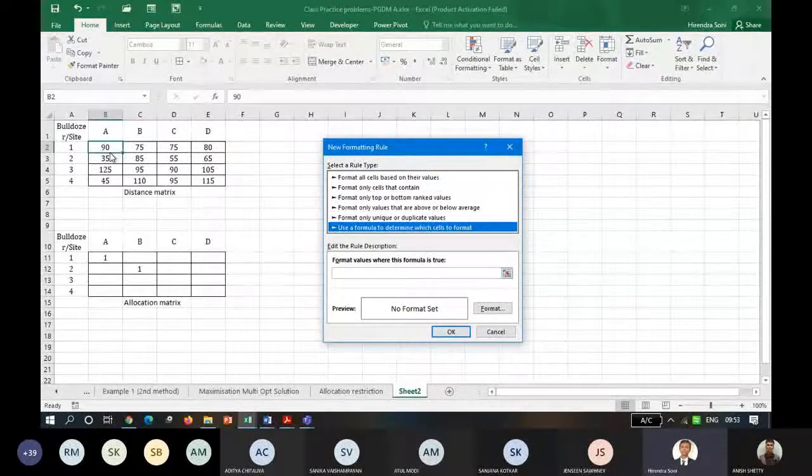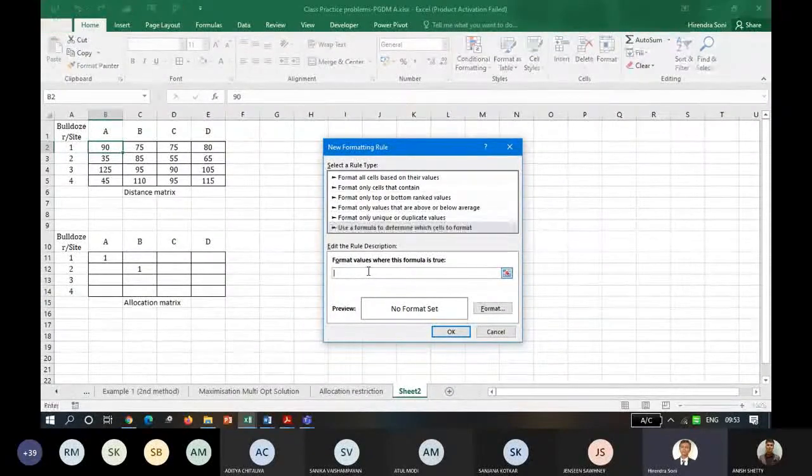But this should get highlighted if this cell gets a value 1. So in the formula, I will click here, remove the dollar symbols by pressing F4 and write equals to 1.